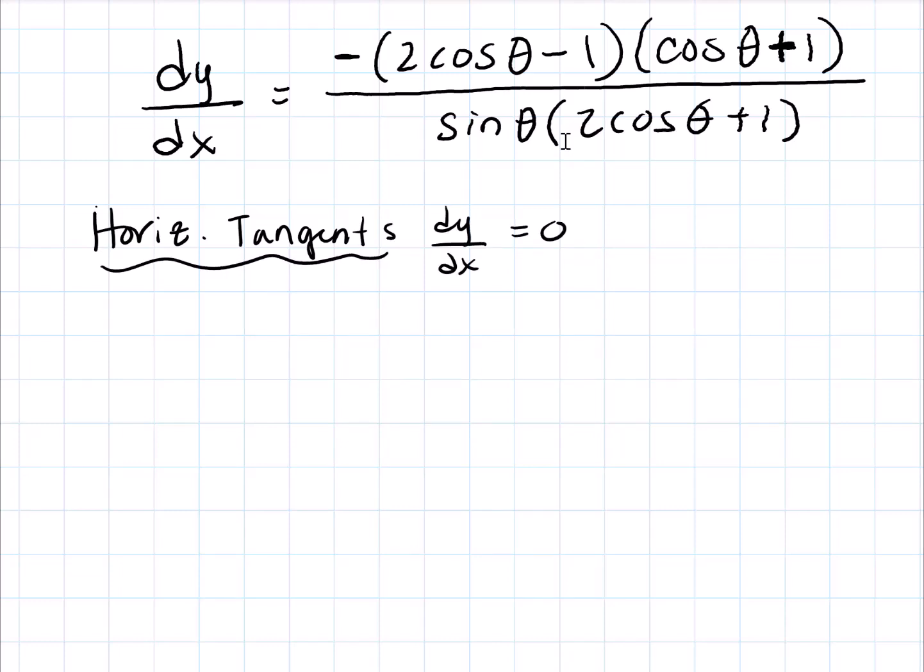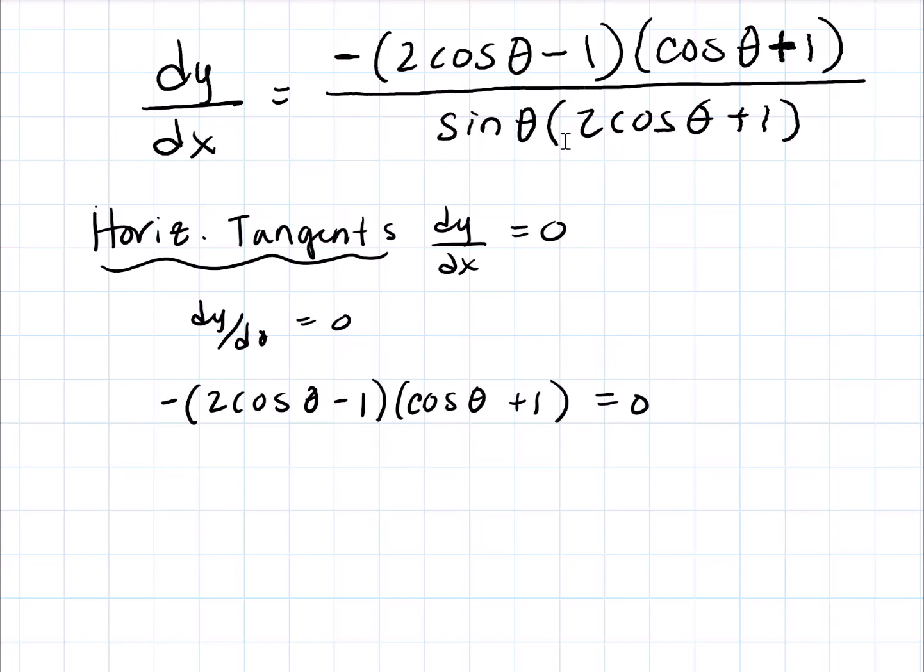Well, that's when the numerator, that's when dy d theta is going to equal 0. And so that's when negative 2 cosine of theta minus 1 times the cosine of theta plus 1 equals 0.